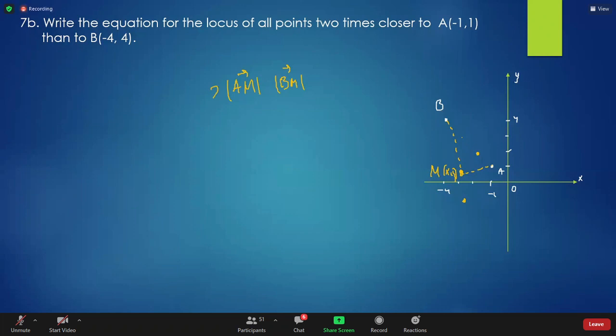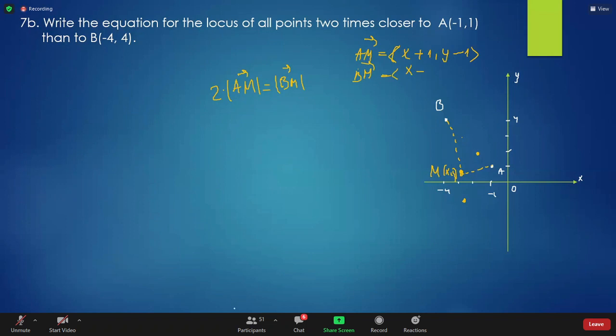BM is 2 times longer than AM. And now, once again, we deal with the coordinates. So vector AM would be (x plus 1, y minus 1), and vector BM would be (x plus 4, y minus 4).